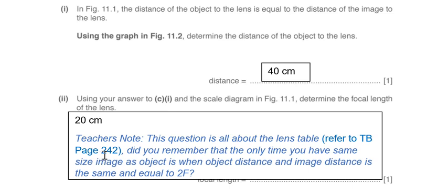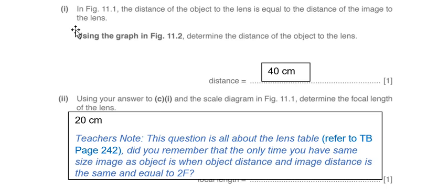You realize that the only time the object distance equals the image distance, as this question is asking, is when the object distance is equal to 2f, which is the third row. In that table on page 242, the first line is u equals infinity, then u greater than 2f, which means the object is beyond 2f away from the lens, and then u equals 2f.